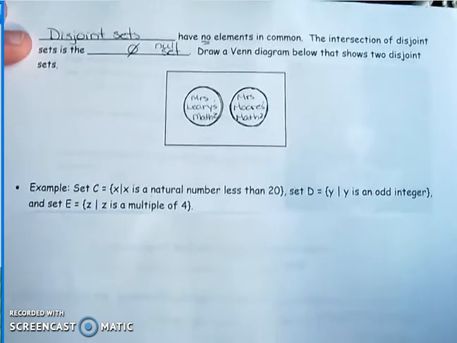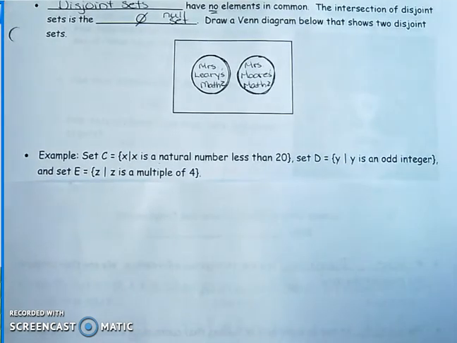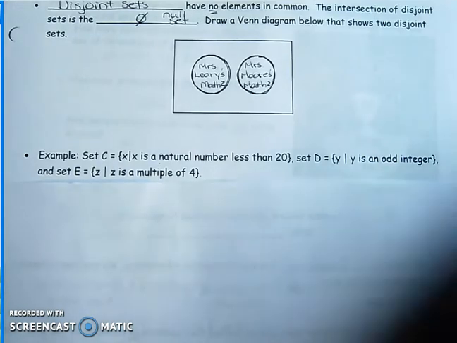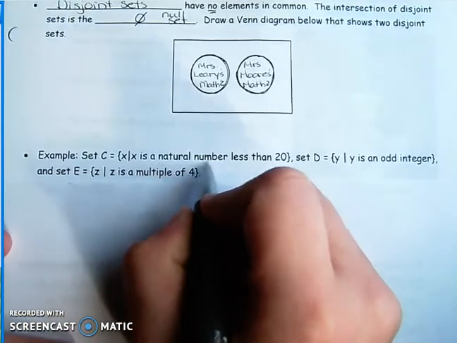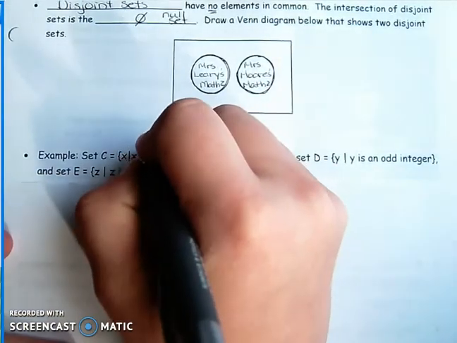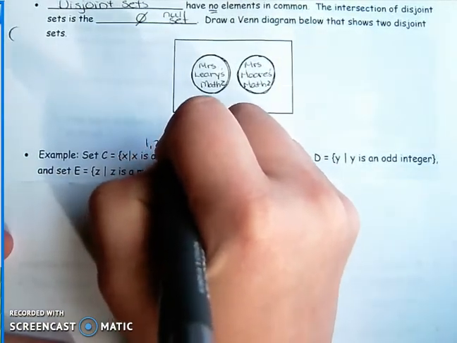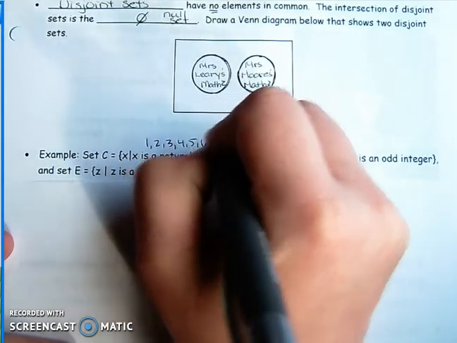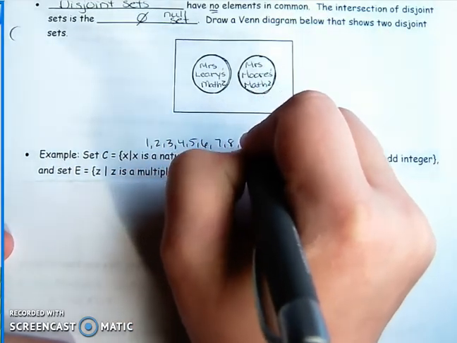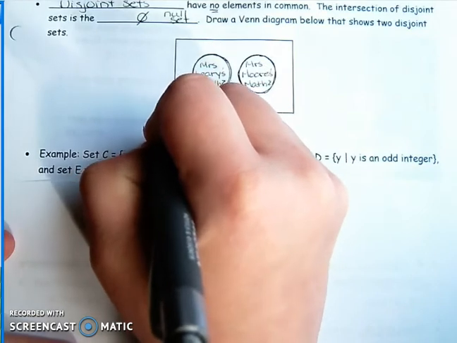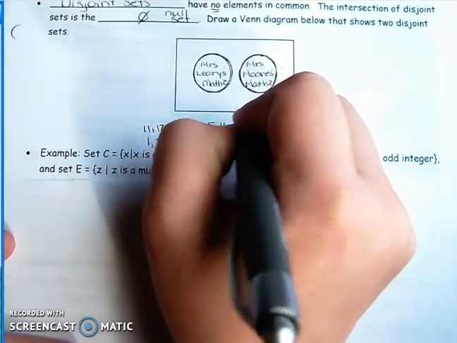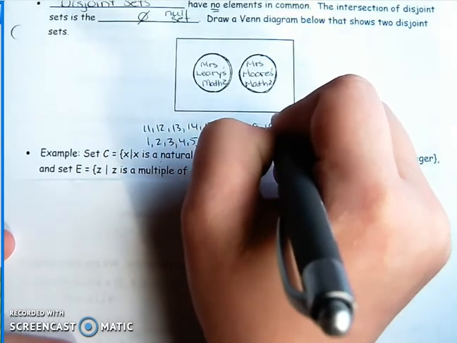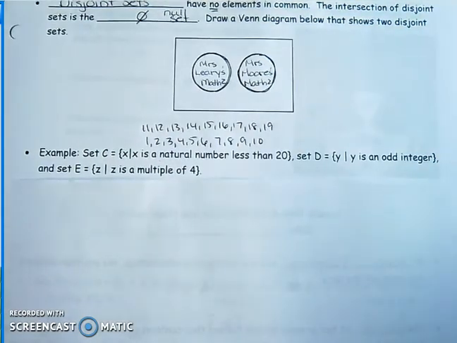So let's look at an example. We're going to let C be x such that x is a natural number less than 20. If you remember natural numbers, those are just your counting numbers. So this is 1, 2, 3, all the way to 20. Natural number less than 20, not equal to it, but less than it.